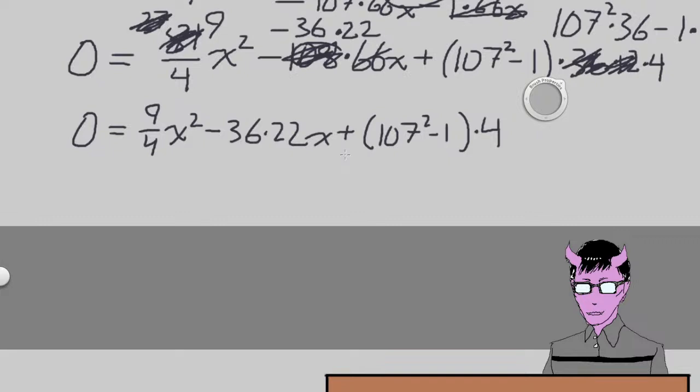So we have 9 divided by 4 times x squared minus 36 times 22x, and then plus 107 squared minus 1 times 4. All of that is equal to 0. Let's see what the calculator says. Okay, it's bad. It's awful.